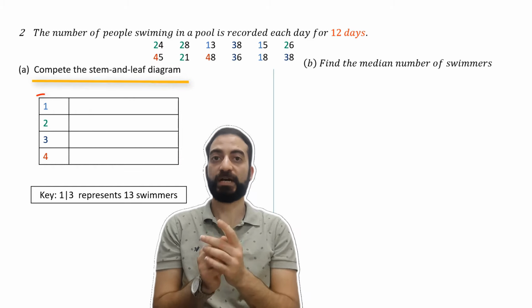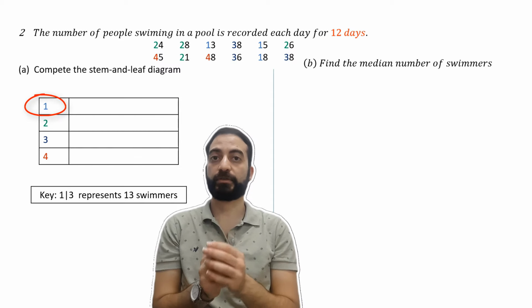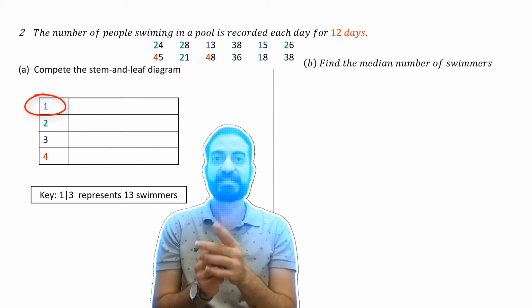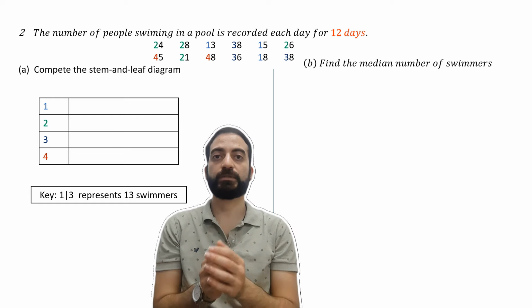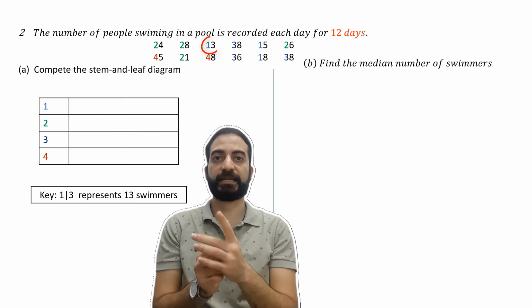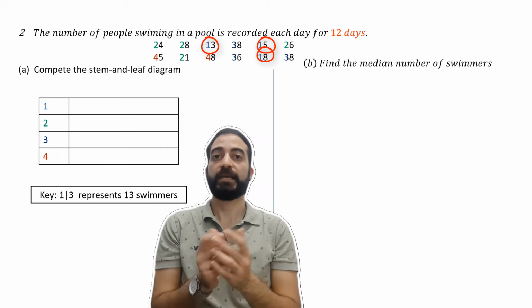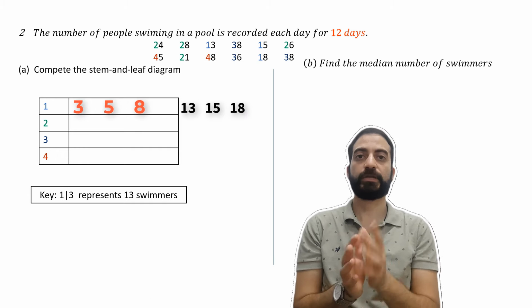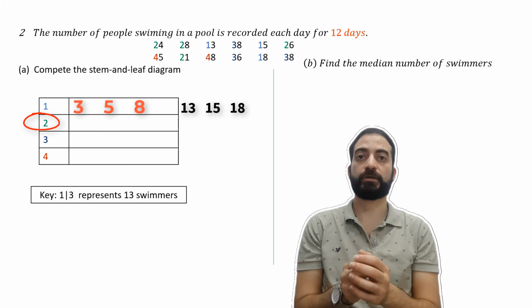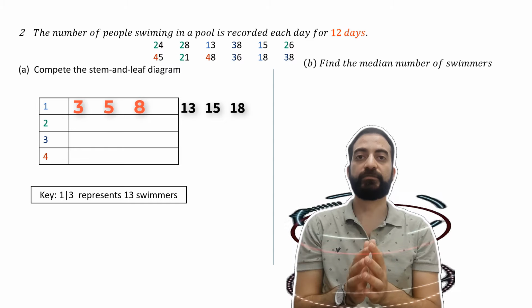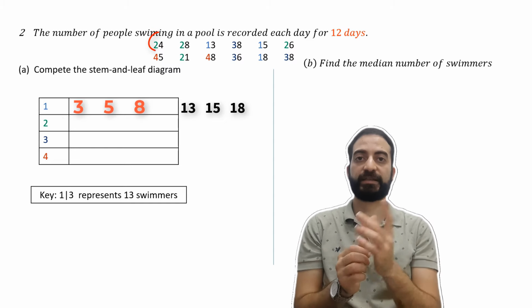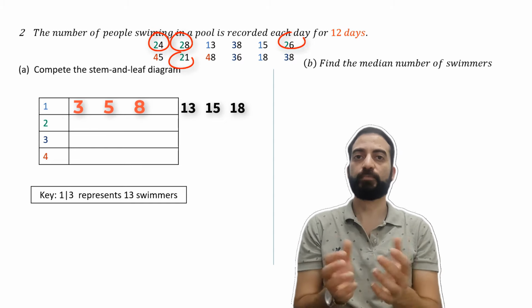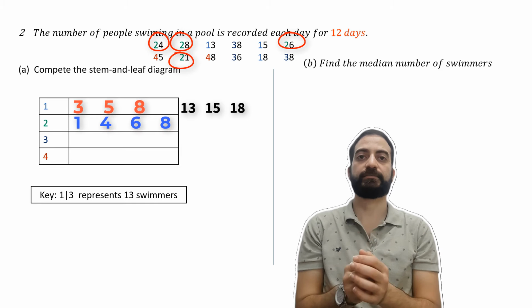So here we have 1. We look for numbers that are in the tens place which have 1, like this and this and this, and we put them here like this. And also here we have 2, so we look for numbers that are in the tens place which have 2, like this and this and this, and we put them here like this.